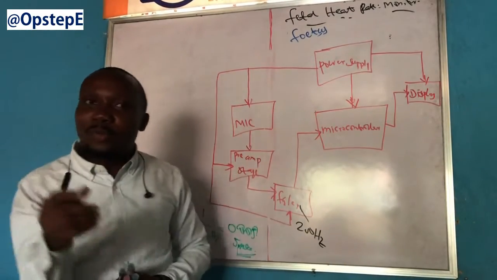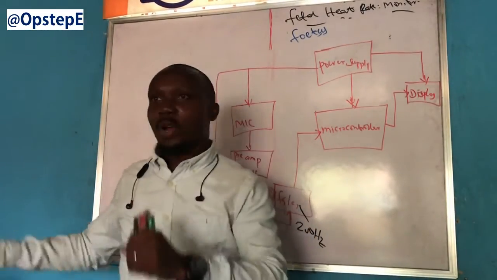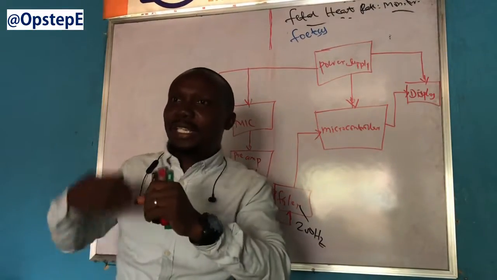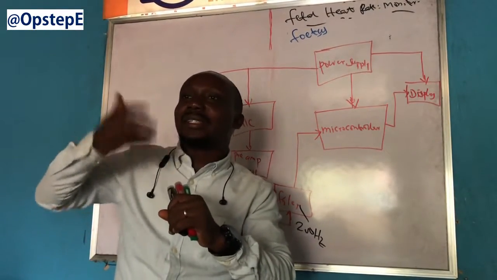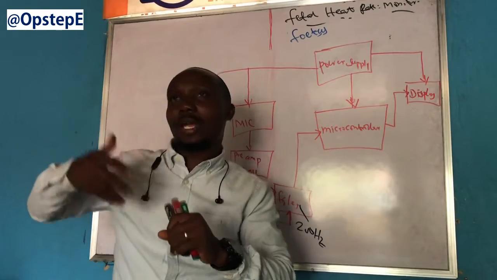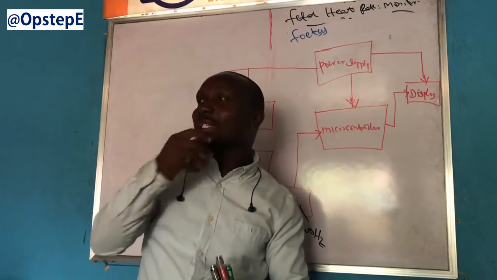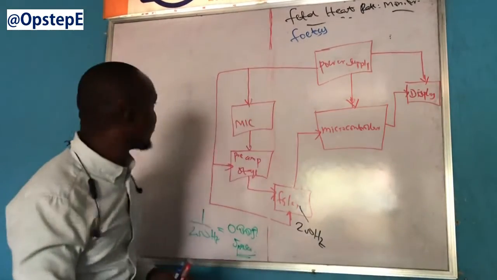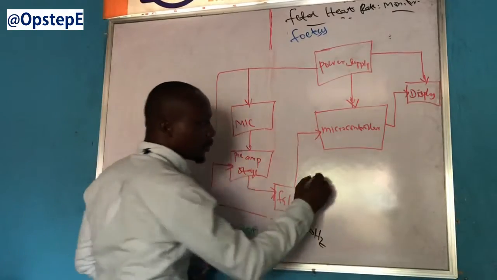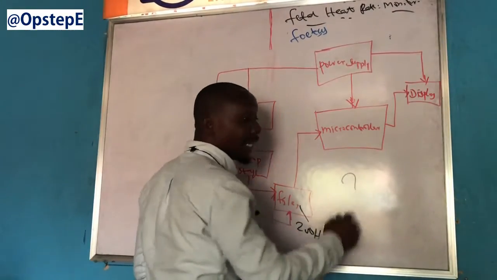Because what the microphone will be giving, if the microphone was a horn right now, what it will be receiving is the alternation, AC signal alternates.